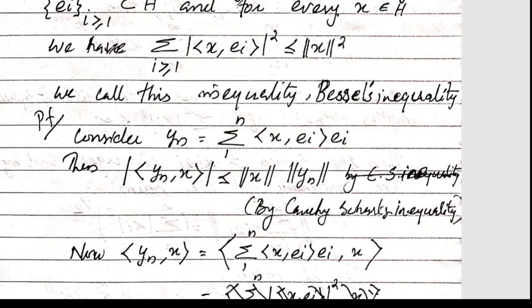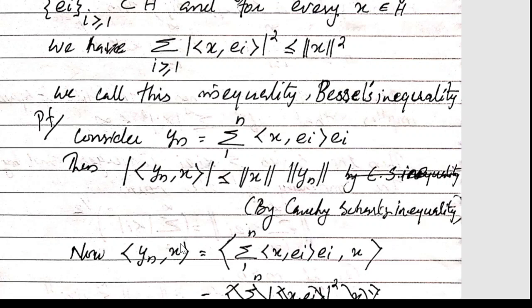So consider y_n equal to the sum from i equal to 1 to n of the inner product of x and e_i times e_i. Then we find the modulus of the inner product of y_n with x. So it should be less than or equal to norm x into norm y_n.